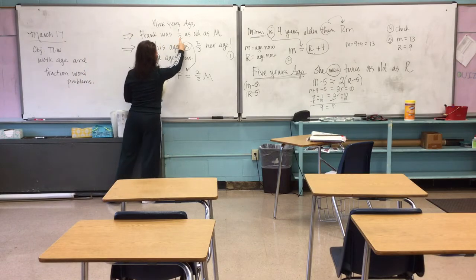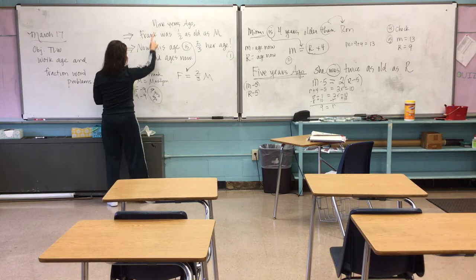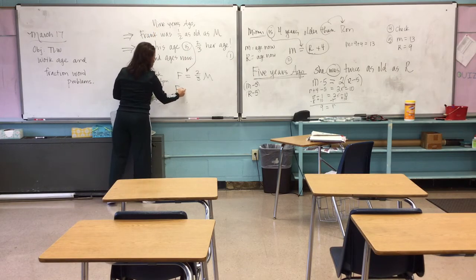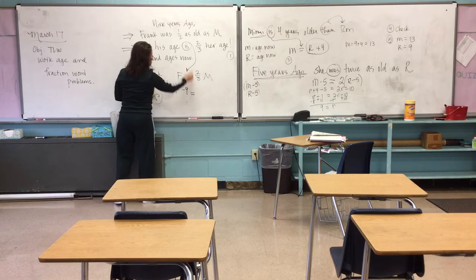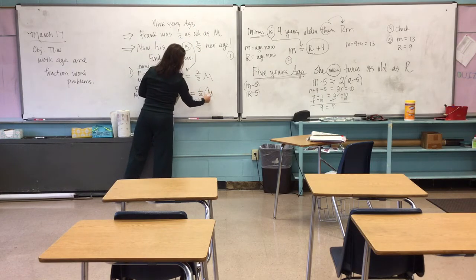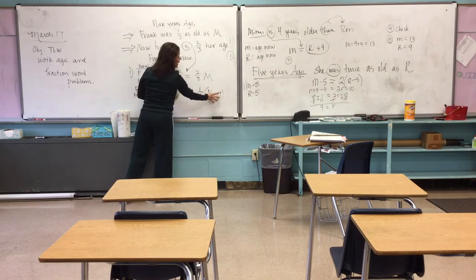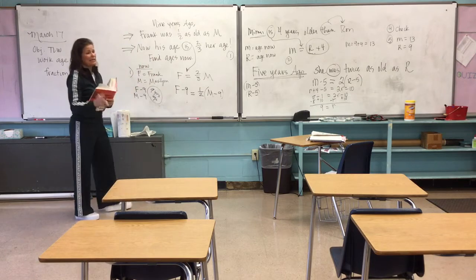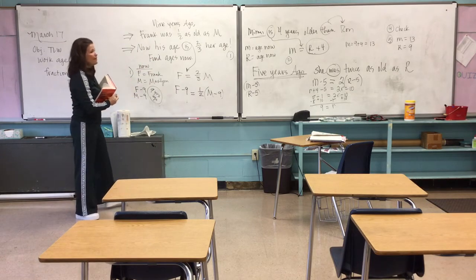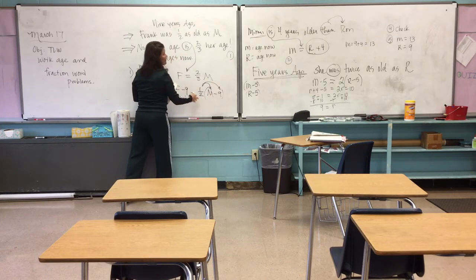Frank was half Marilyn. Not F again. We're talking about 9 years ago. So it has to be F minus 9 is half Marilyn. Really need the parentheses here, folks, because her age 9 years ago was M minus 9. It's not just M. So be careful on that. If you forget the parentheses, you'll forget to distribute, then it'll be wrong.